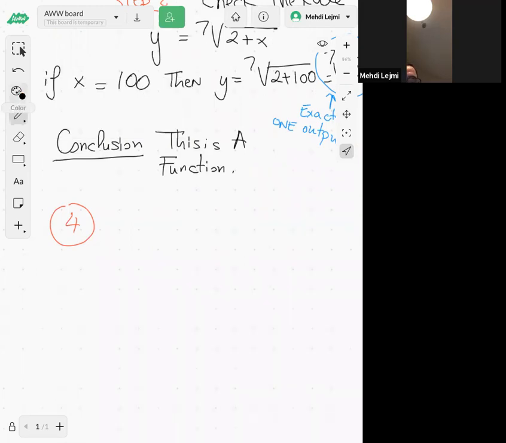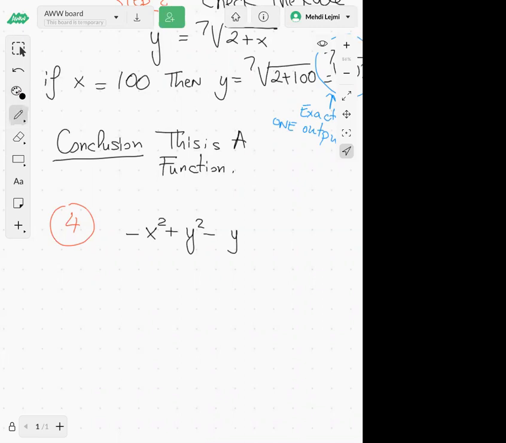So number 4, it's tricky because it's different from the previous examples. Let's see how it works, right? So we said, I think, minus x squared plus y squared minus 1 or minus y or minus 2y, I think, I'm not sure. Is it minus 2y or minus y? I mean, it's not 2, it's 1, okay, even better.